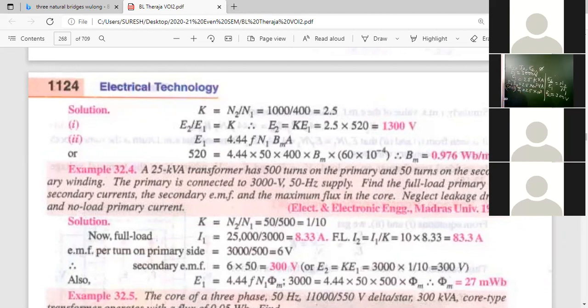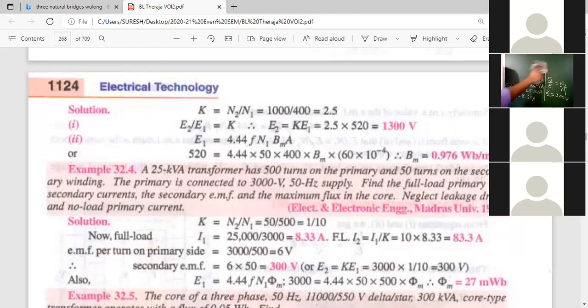We know the formula for S, that is S is equal to VI. From that, I1 is obtained. Are you getting that?